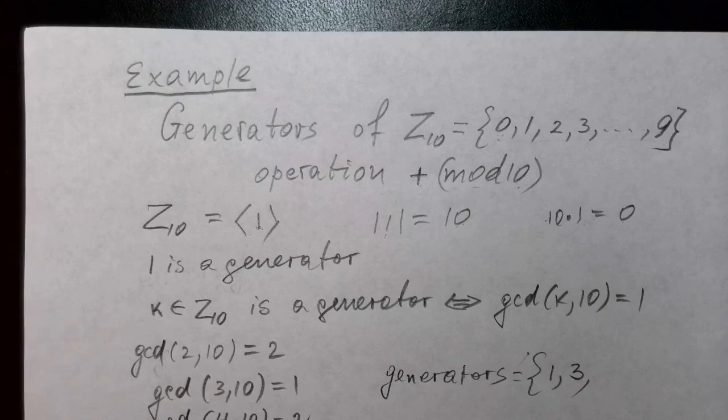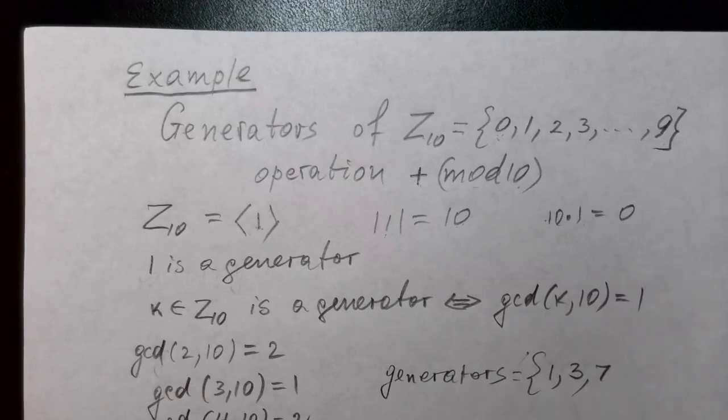GCD of 5 and 10 is 5. 5 is not. GCD of 6 and 10 is 2. 6 is not a generator. GCD of 7 and 10, they are relatively prime.